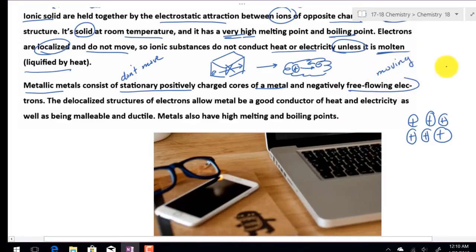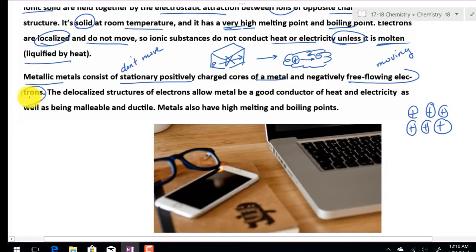So in this case, what is free-flowing? Electrons. Because electrons are allowed to move from one place to another, you know right away this thing will conduct electricity. And again, what's the opposite of localized? We have the word delocalized. De means not localized. So if it's not localized, that means it's free to move.